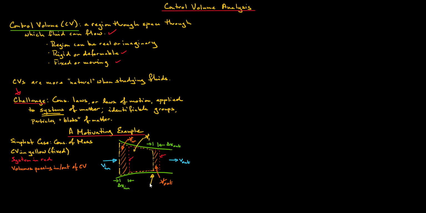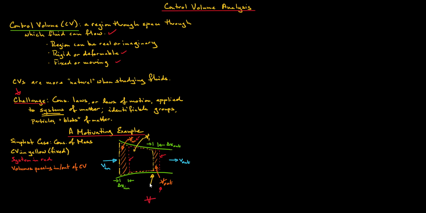So at this time delta t after t1, we will have a certain amount of volume that was previously occupied by the system, which is still in the CV, but the system is no longer there. And that is defined by this V in over here. Note that I'm using these special V's here with a line passing through it.